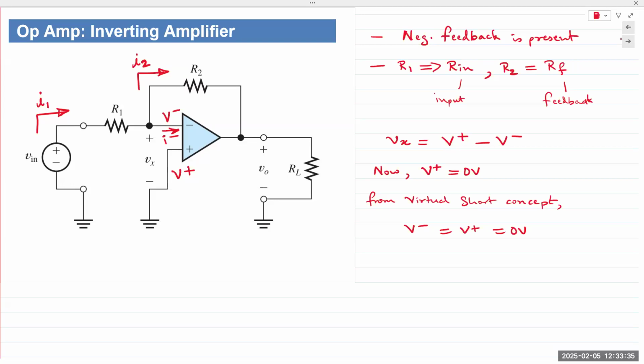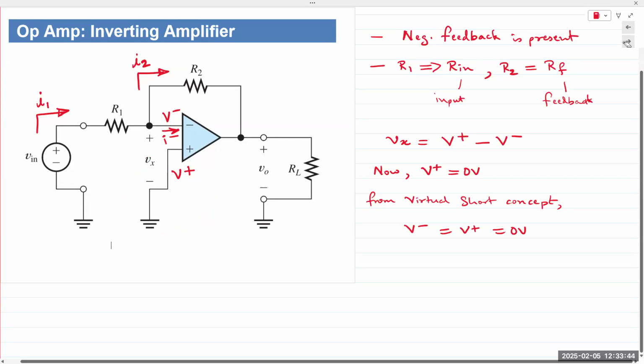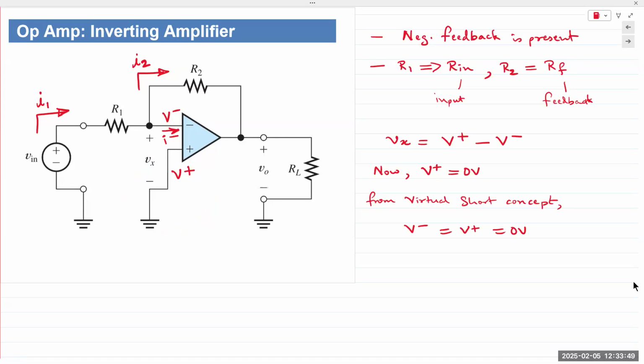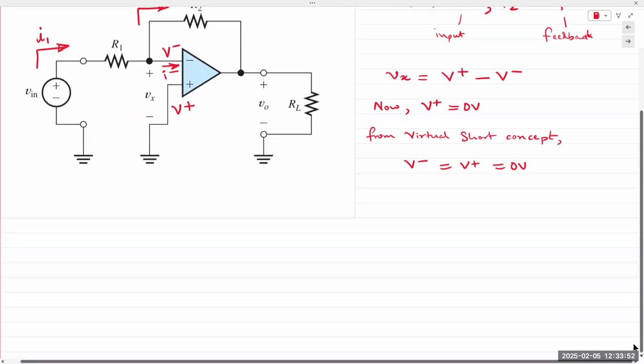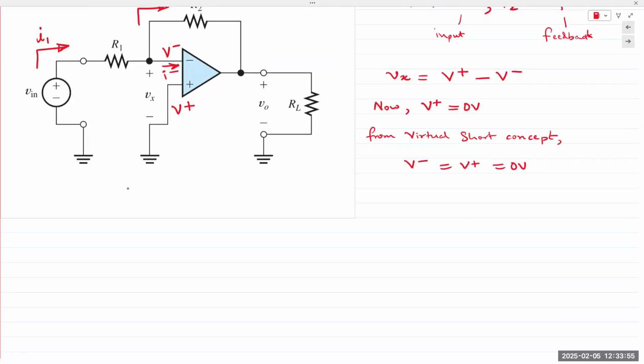So in this circuit, the non-inverting terminal is connected to ground. By the virtual short concept, we can say the inverting terminal is also virtually connected to ground. Because it's virtually connected to ground, V minus and V plus are both 0. So if you apply KCL at the inverting terminal, we can say there is no current going into the op-amp.